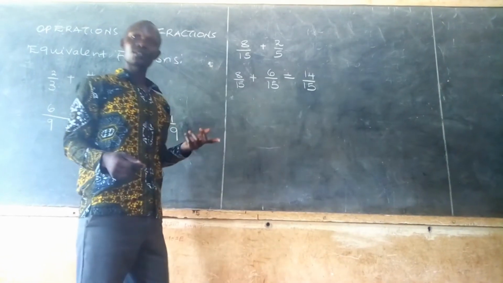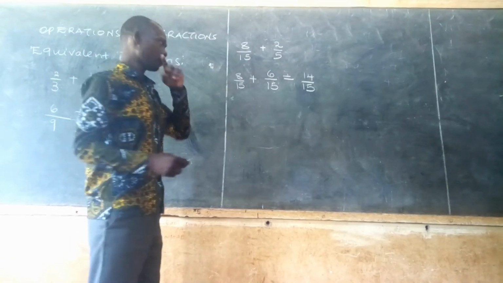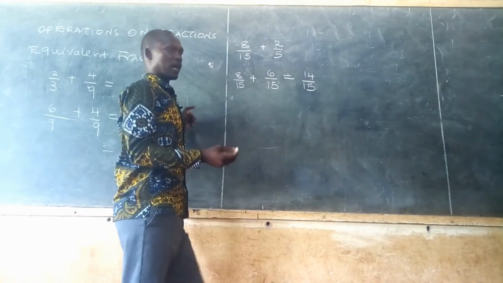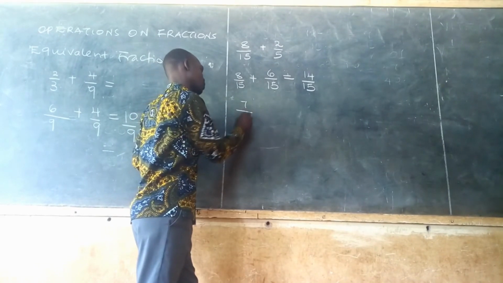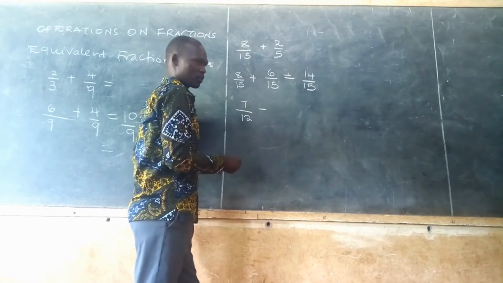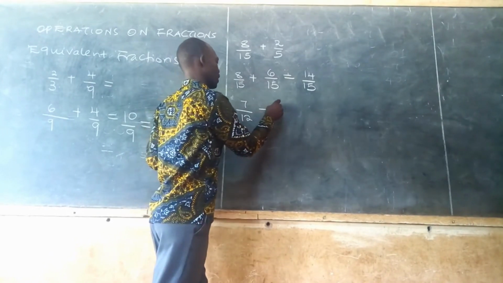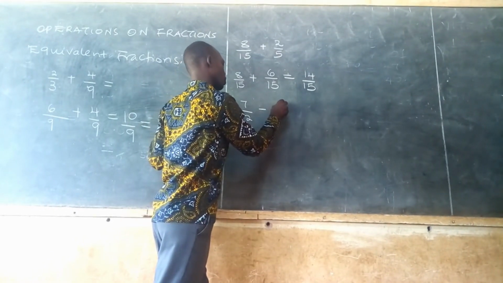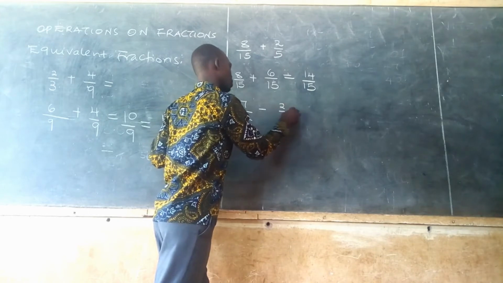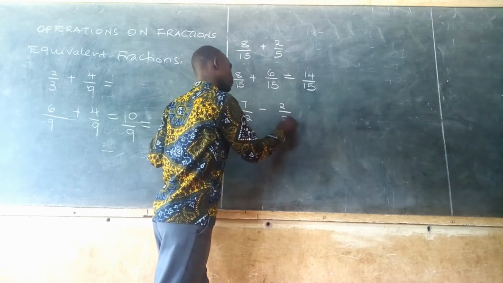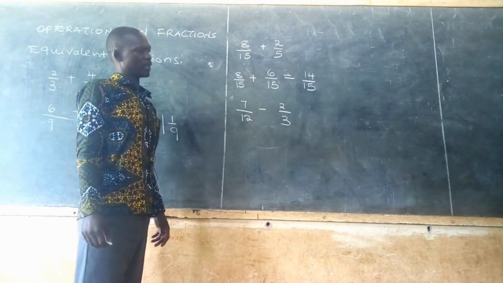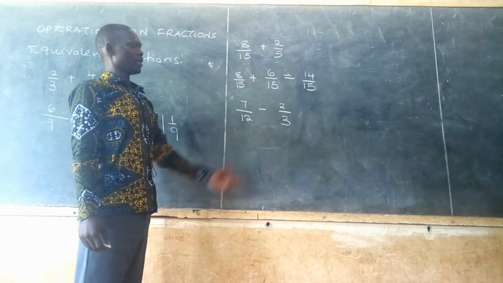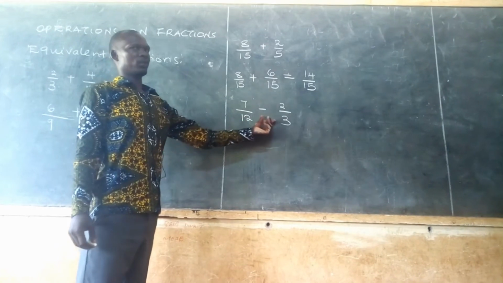It also works whether you are taking away. Maybe now you have 7 over 12 minus 2 over 3. Let us see what will happen. 7 over 12 minus 2 over 3. I discover that 12 is a multiple of 3.